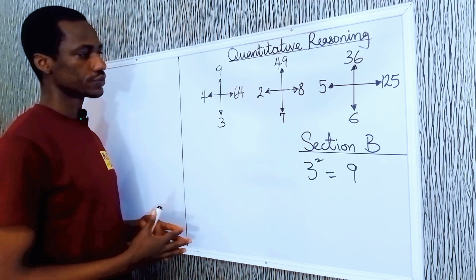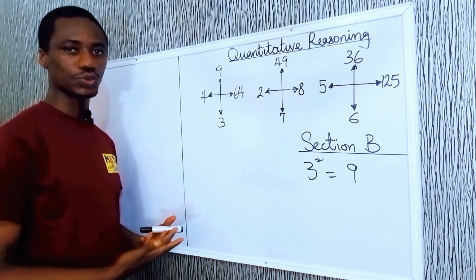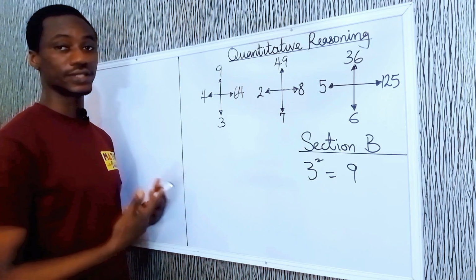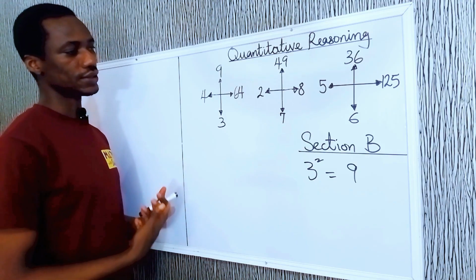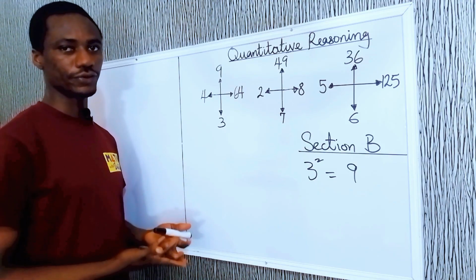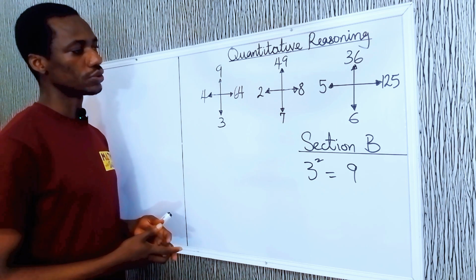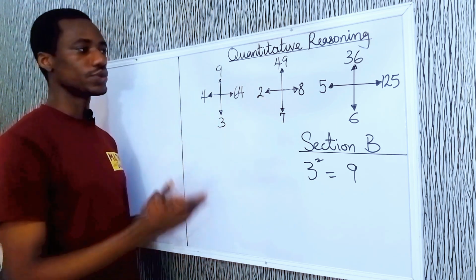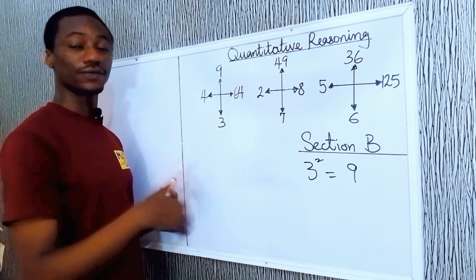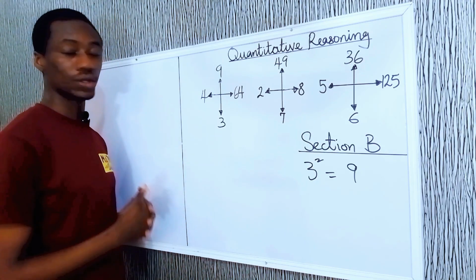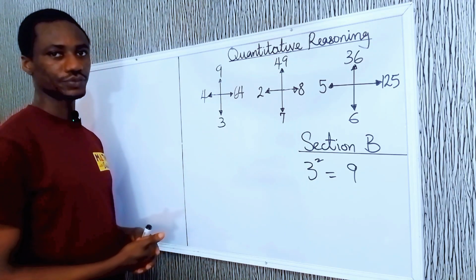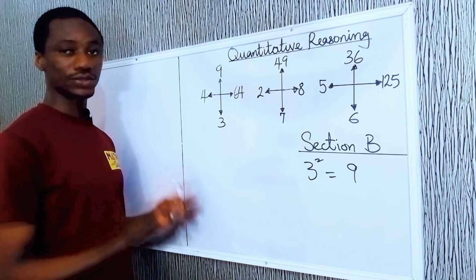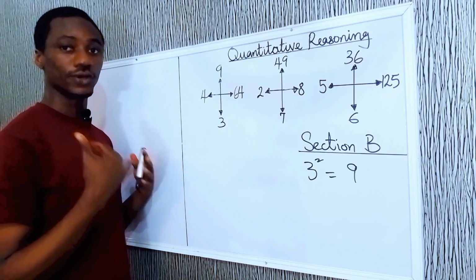From your number facts, you should have been able to see that these are cubes of numbers. So 2 times 2 times 2 is 8, and 5 times 5 times 5 is 125.